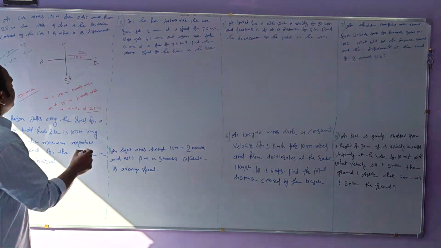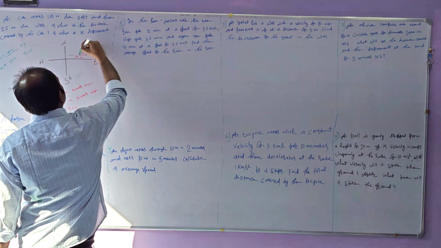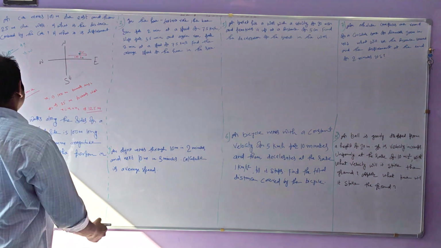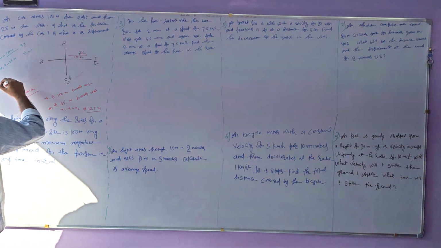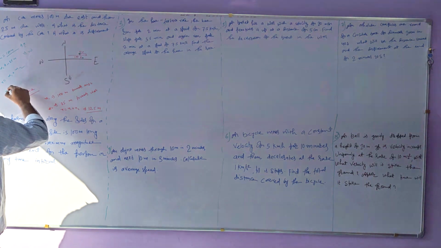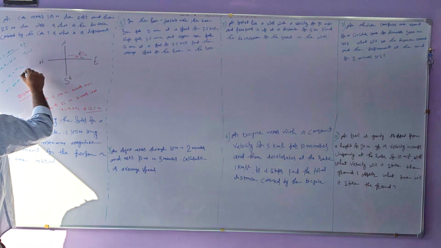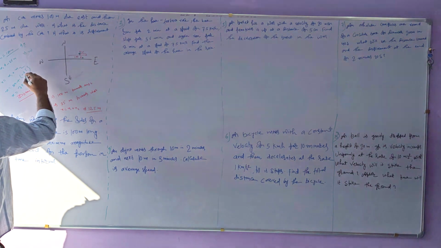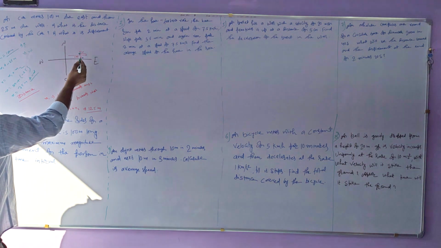And here the direction of west and the direction of east is different, so we need to consider a minus sign. X is equal to S1 plus S2. Then X is equal to 100 plus minus 25. Then X is equal to 75 meter towards east.